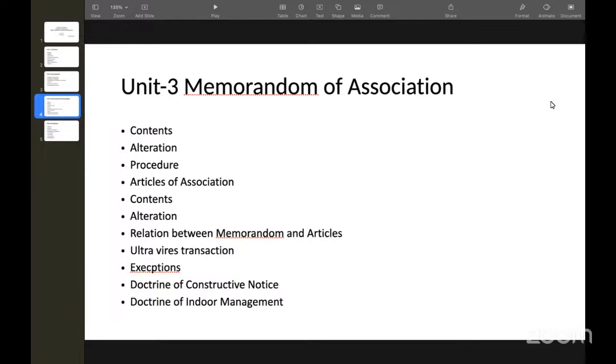First is governance rules, directors' roles and responsibilities, shareholder provisions, dividend policy, borrowing powers, winding up rules. Next was the relation between MOA and AOA, that is subordination and complementary role.